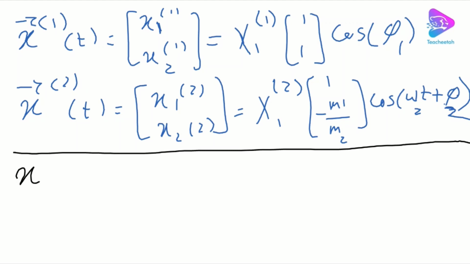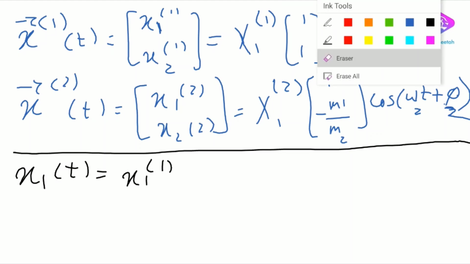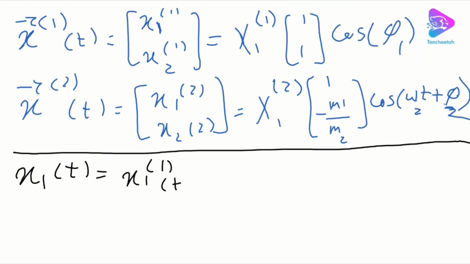So x1(t), the final response of the first mass, is the summation of x11 plus x12, right? And to better clarify it, I'm going to use a t here.